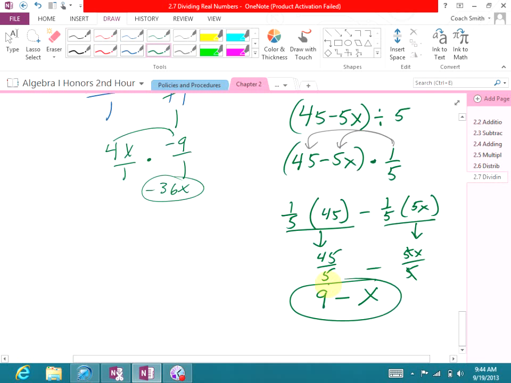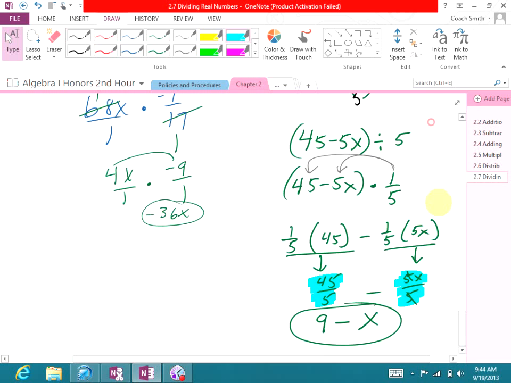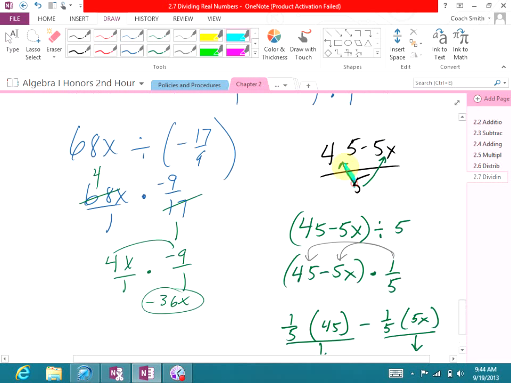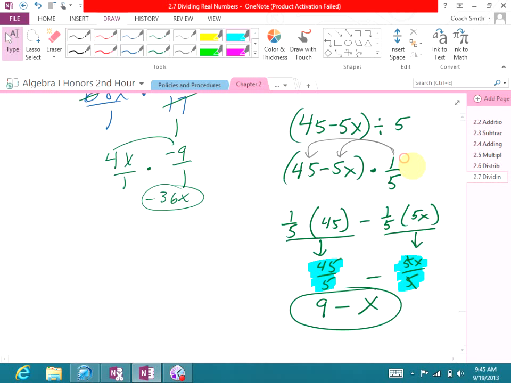And if we look at this portion right here, that's the same thing I said up here. Divide 5 into both of the terms. It's the same exact thing that I said up there. That's why we can do it.